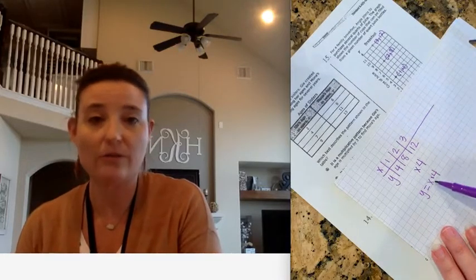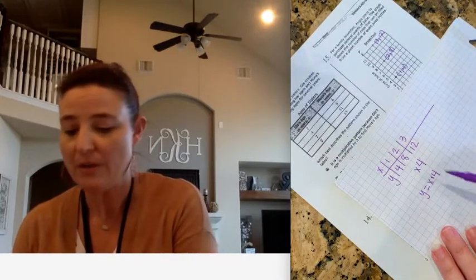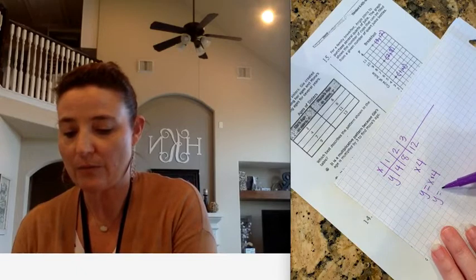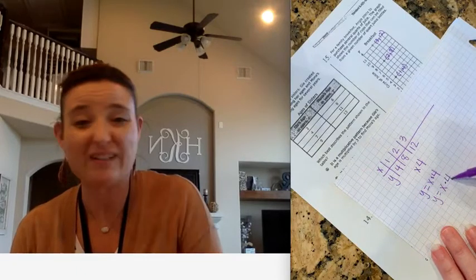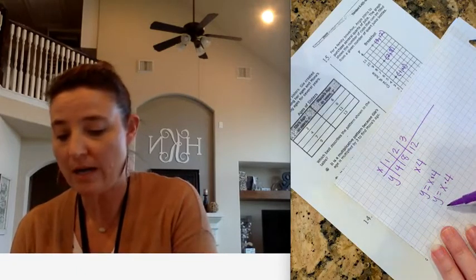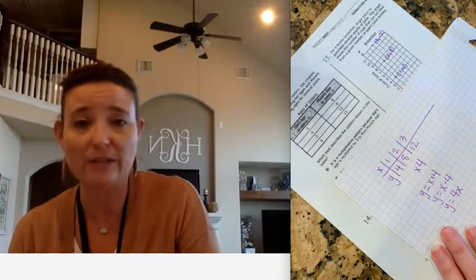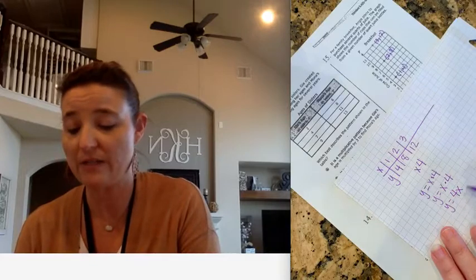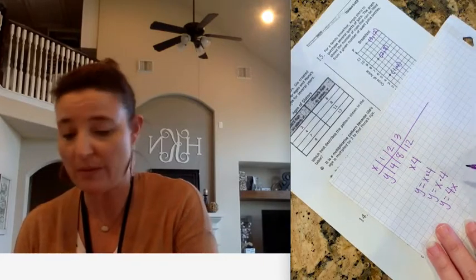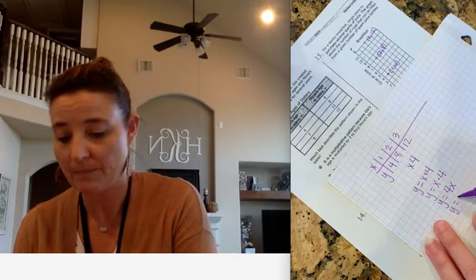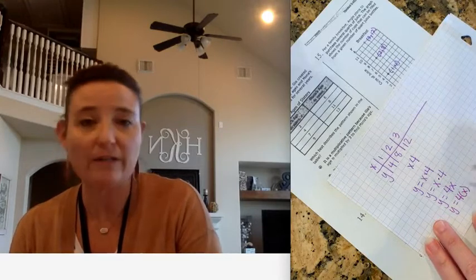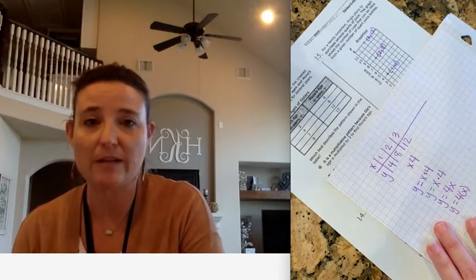I can either use the traditional little cross symbol, or I can remember that I can use a dot, or I can just put the 4 and x right next to each other, like 4x, that also means 4 times x, or I can use parentheses. Any one of those is going to be acceptable.